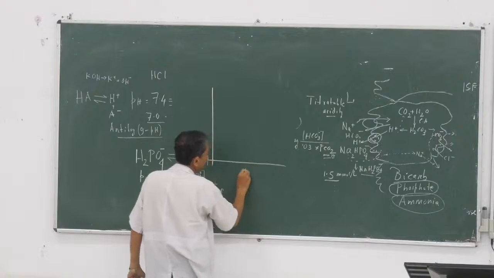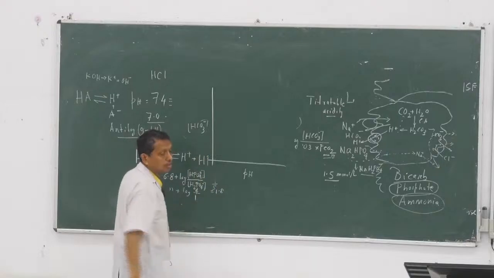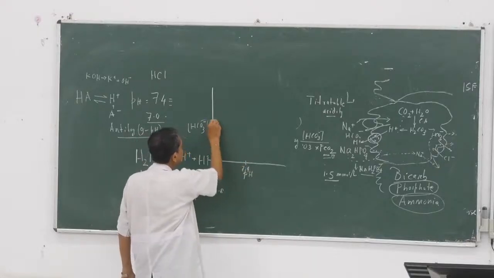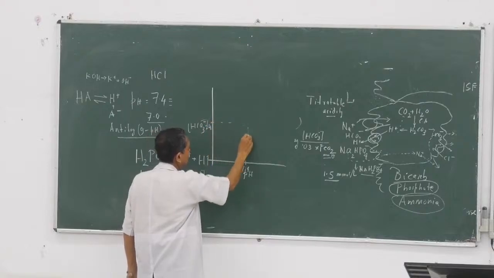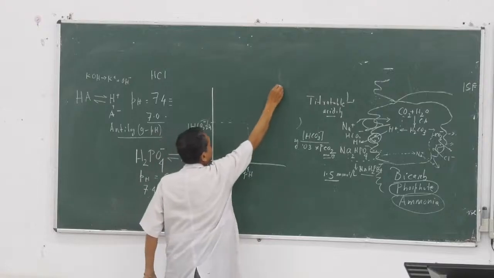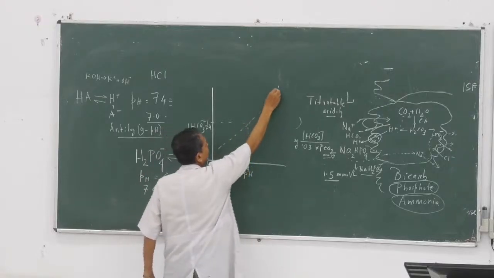This is the pH in the abscissa and bicarbonate concentration. Normal value 7.4, 24 millimolar. And this type of curve can be a PCO2 isobar also.